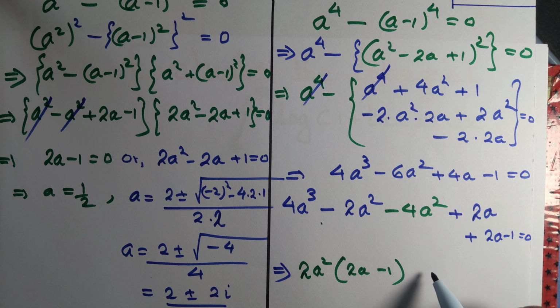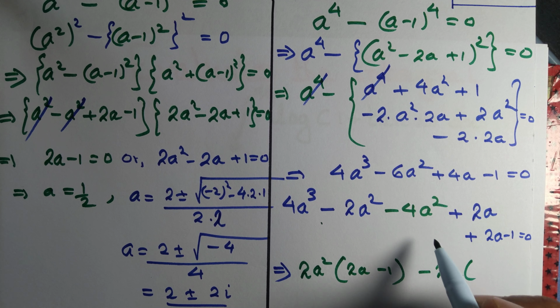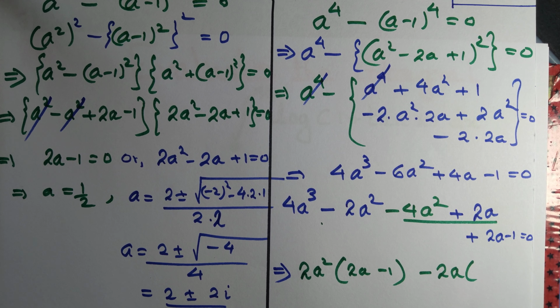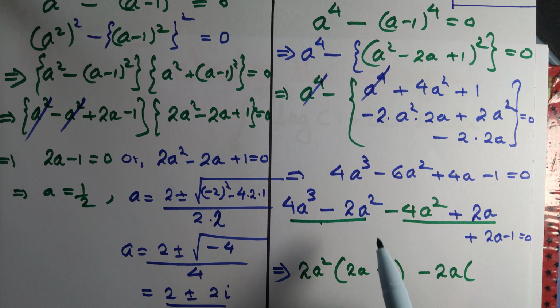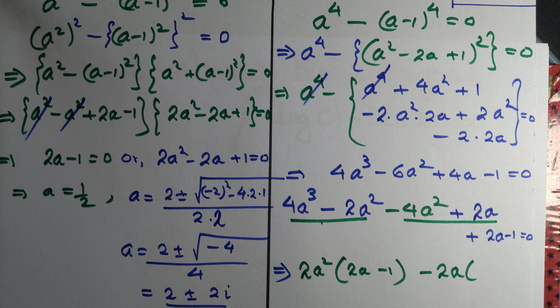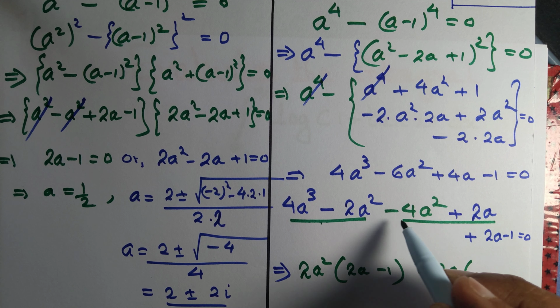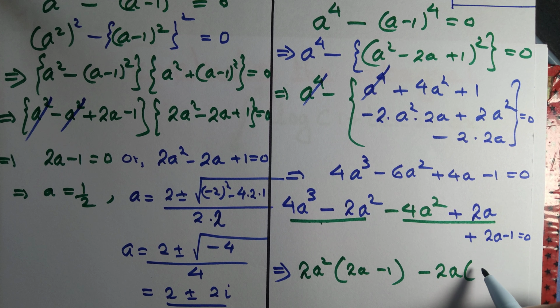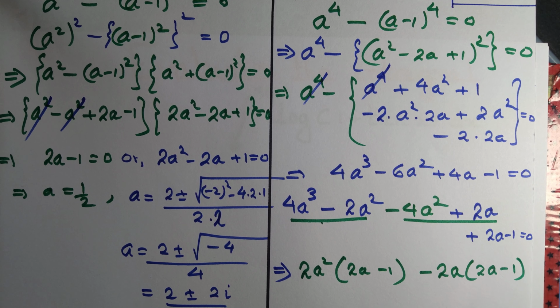From this expression we take minus 2a common, and you are left with 2a minus 1.